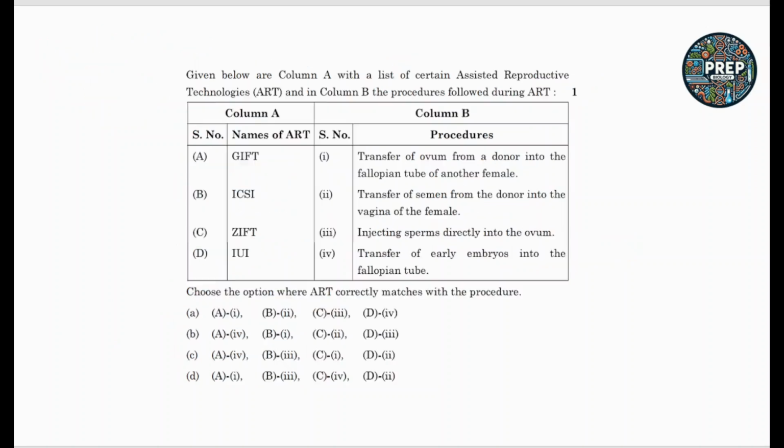Next question. This is also from your chapter number 3, that is assisted reproductive technologies. This question we have already discussed in the class on ART techniques. So you have the names of ARTs, assisted reproductive technologies, and the procedures. You all have to match the columns.